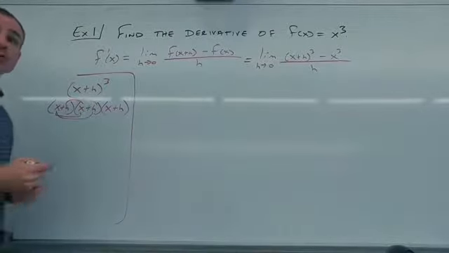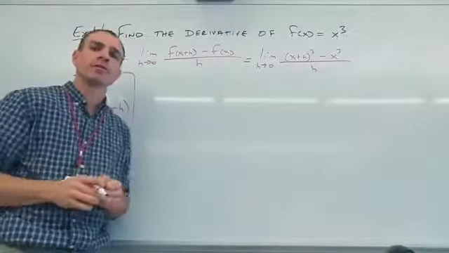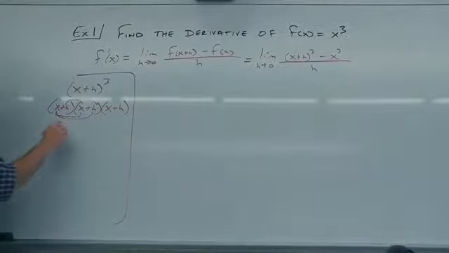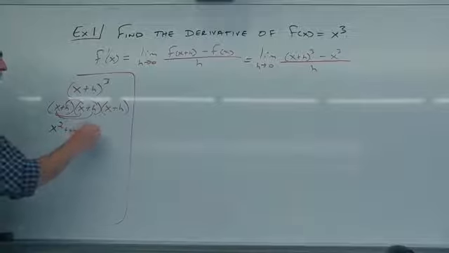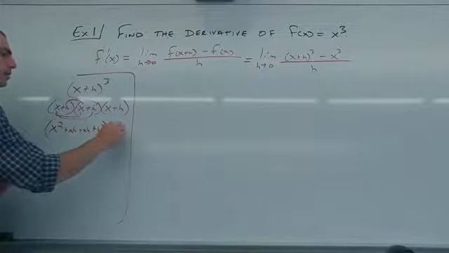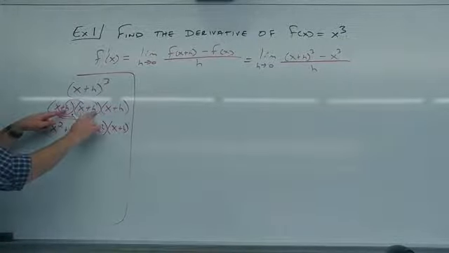Let's FOIL the first two binomials, and then we'll FOIL in the third one. So if we FOIL these first two, we have x squared from first, we have xh from outer, we have xh from inner, and we have h squared from last. And that is being multiplied by x plus h. First, outer, inner, last.